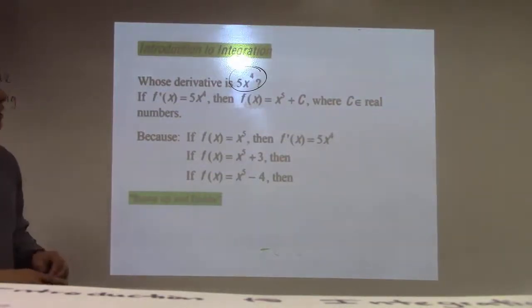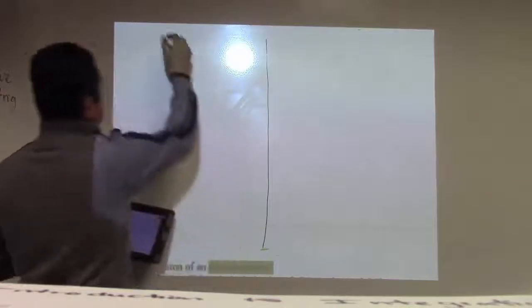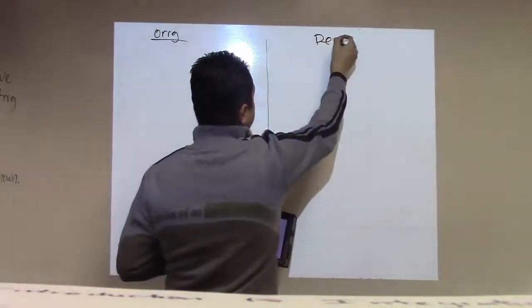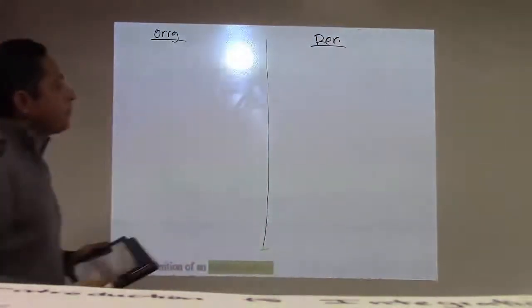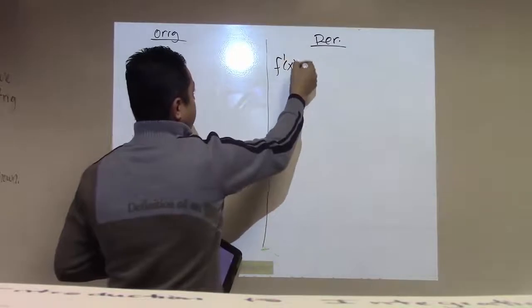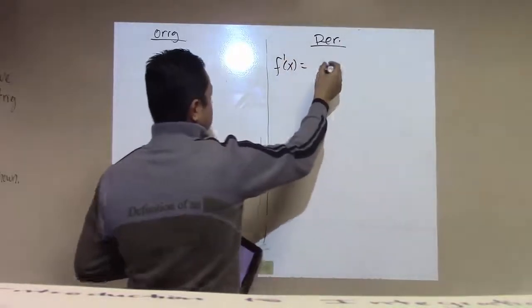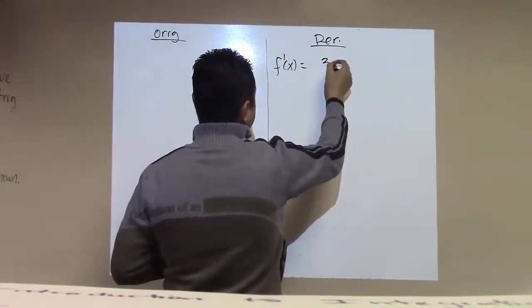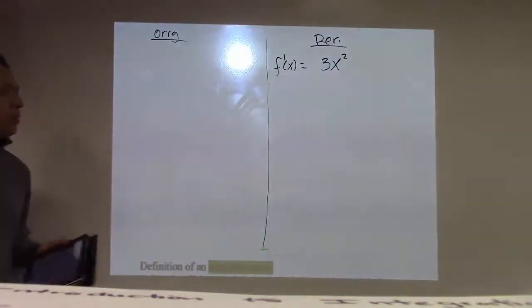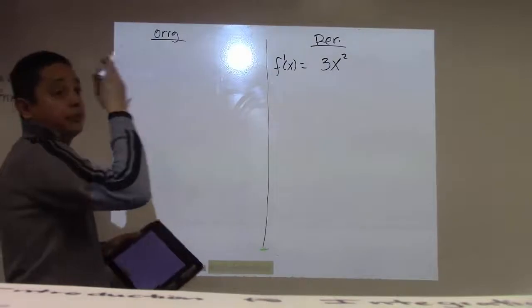So in other words, typically what you do is, I'm just going to make up a problem right here. And I'm going to call this one originals and this one derivatives. Okay. So let's say that I'm giving you an f prime of x, and let's call this one 3x squared. Now what would you do to go back to the original function?